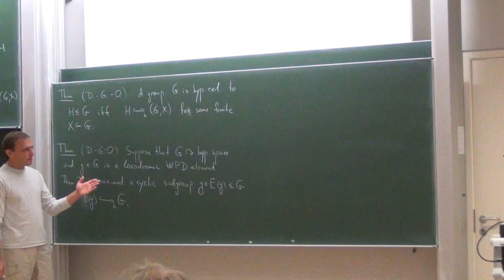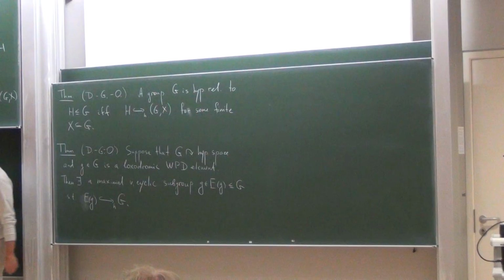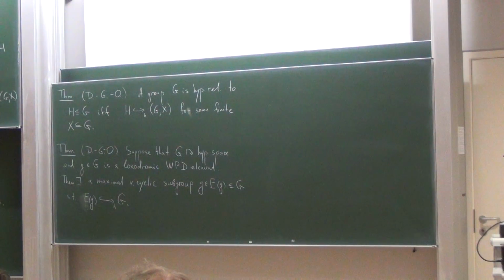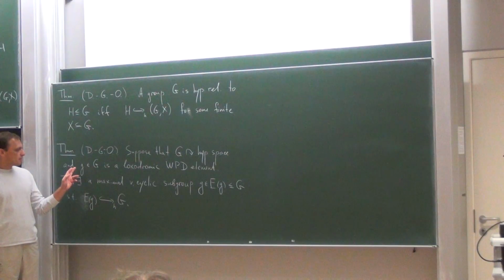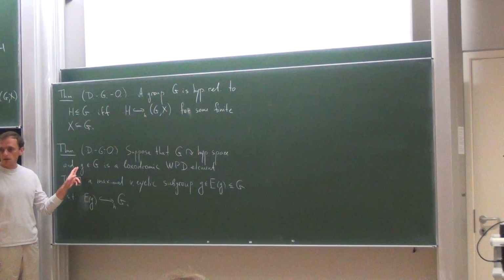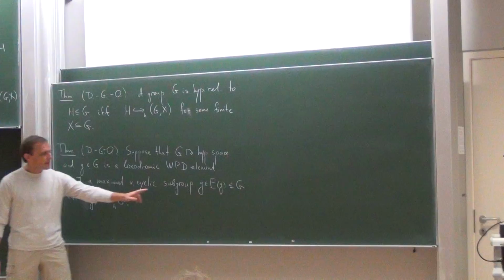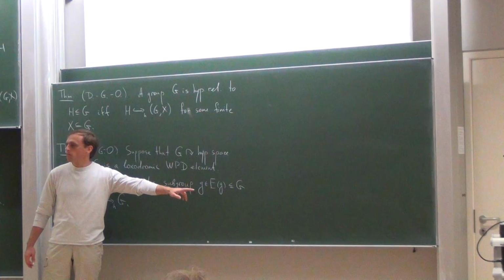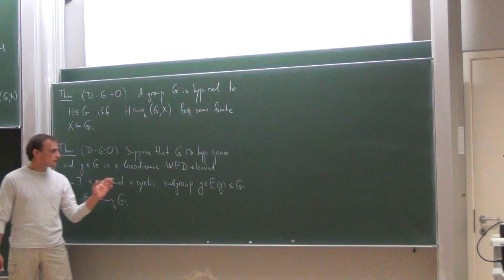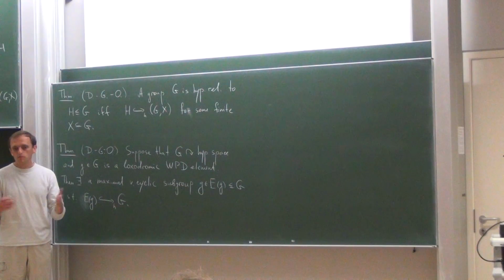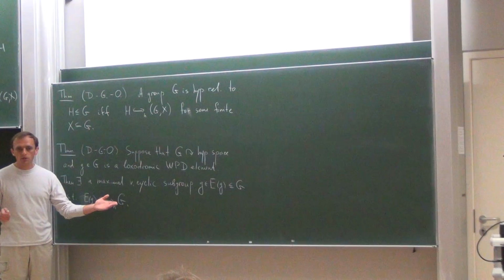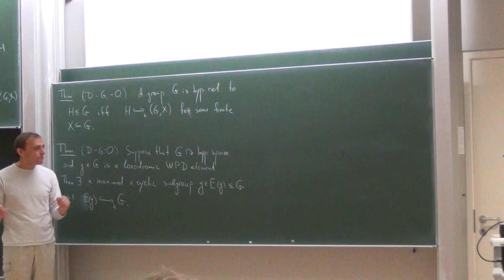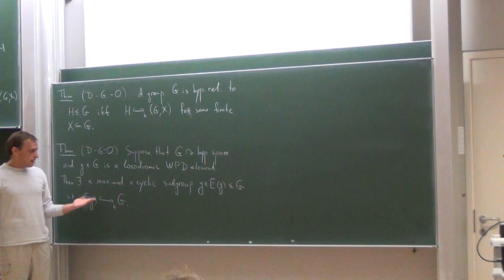Well, as I said, hyperbolically embedded subgroups must be almost malnormal. So passing from the cyclic subgroup generated by g to a maximal virtually cyclic subgroup is unavoidable. The cyclic subgroup generated by g is not necessarily hyperbolically embedded because it's not necessarily malnormal, right?